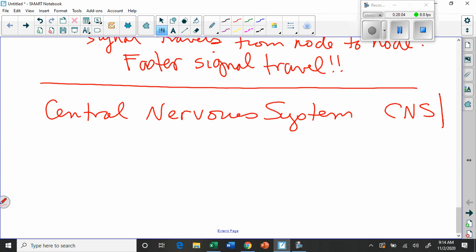I'm going to start using these abbreviations. The CNS consists primarily of a brain and the spinal cord.